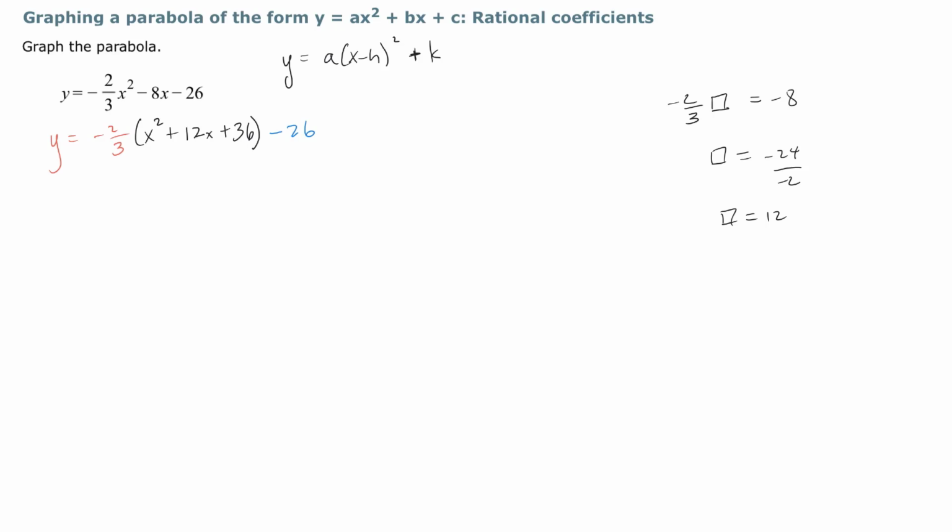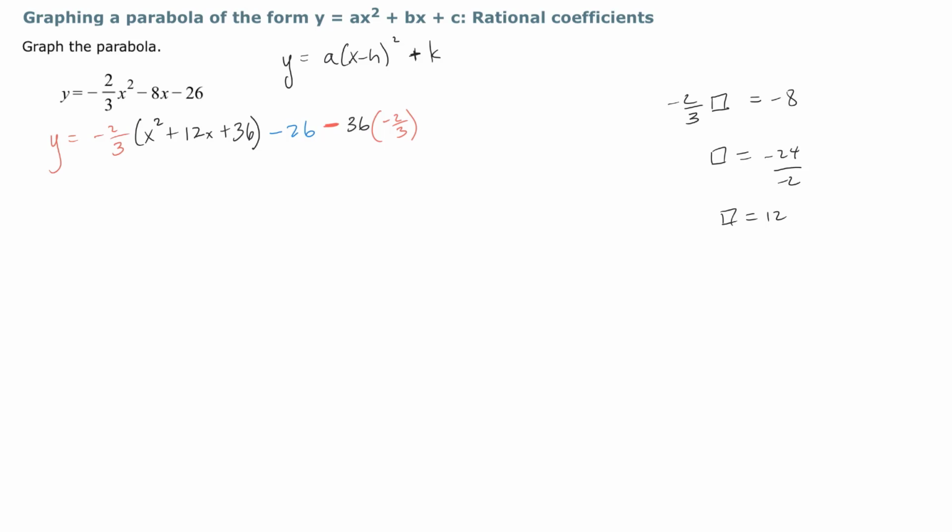So we're going to actually add 36 times a negative 2/3. I need a subtraction sign, excuse me. Let's go back, change that to a subtraction sign. There. Now we have an opposite amount. So we actually added 0 to the right-hand side of the equation.